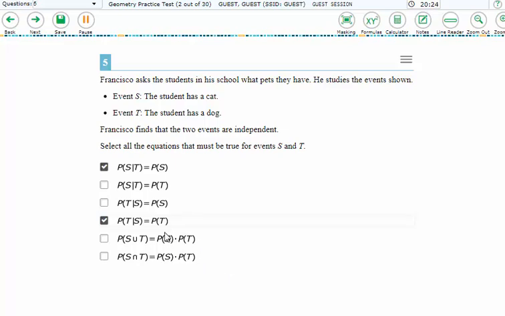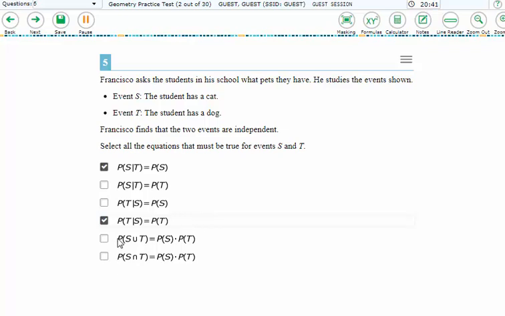The next two have to do with union and intersection. Union means that everything is true, where an intersection means that just the parts where they intersect or that they have in common would be true.